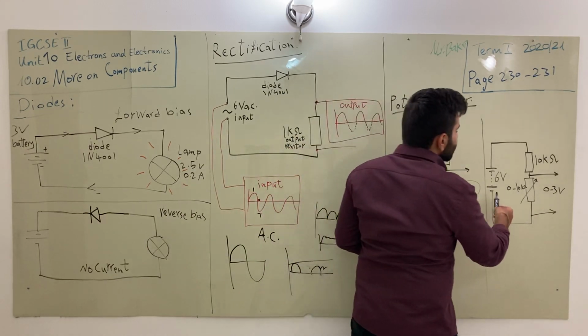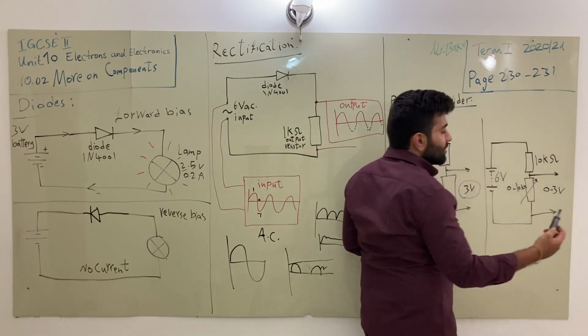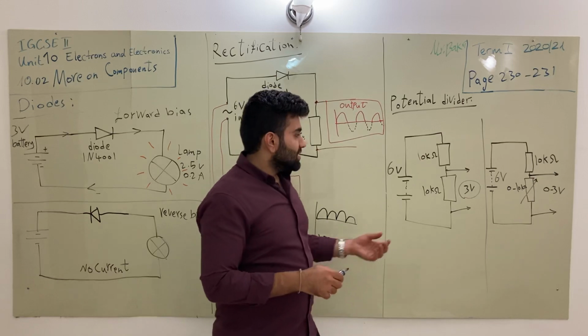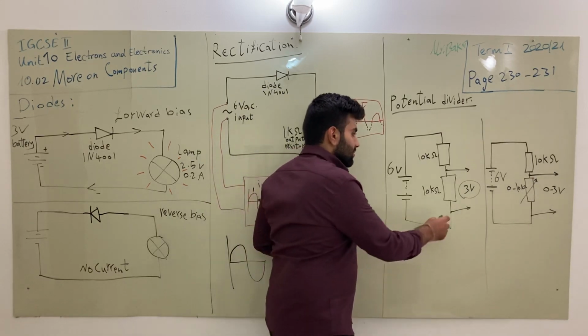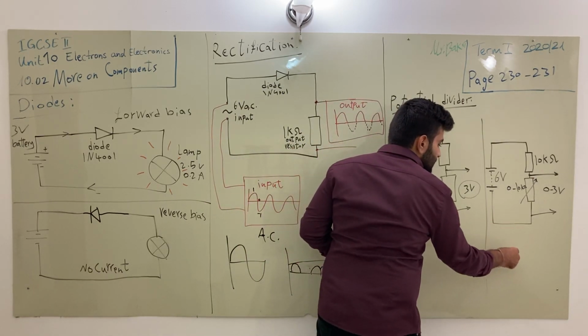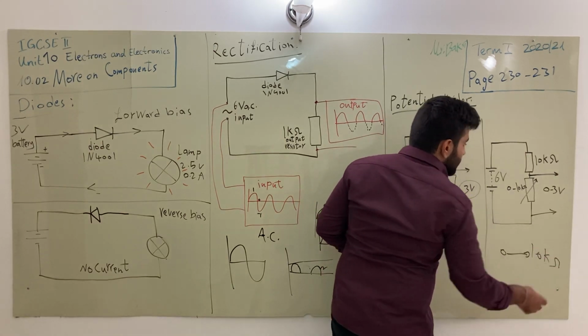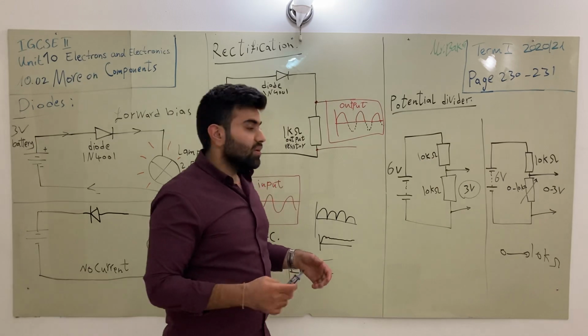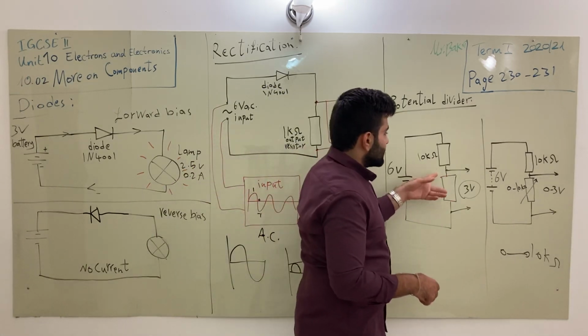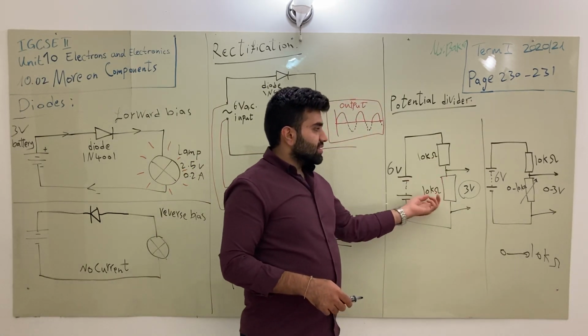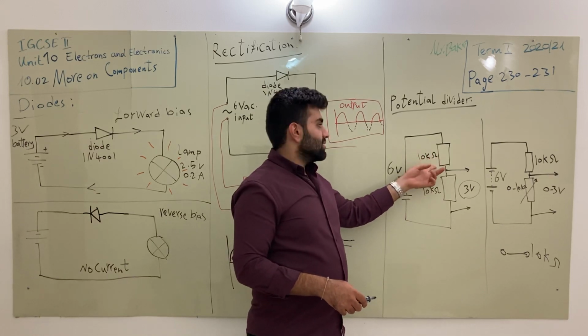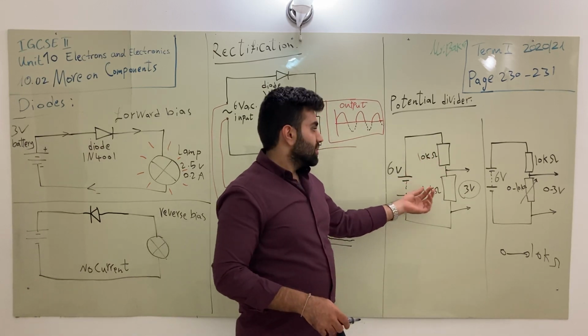Now there's another way. If I put a variable resistor, that means this 10 kilo ohm can go from 0 to 10 kilo ohm. When this is 0, all the 6 volt will be across the other resistor.